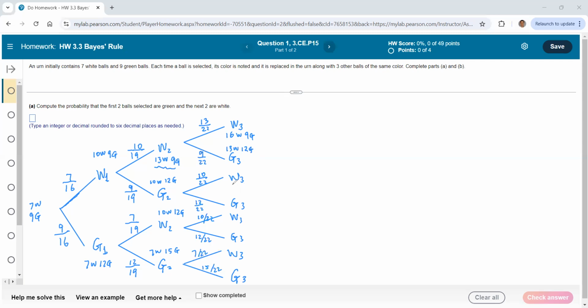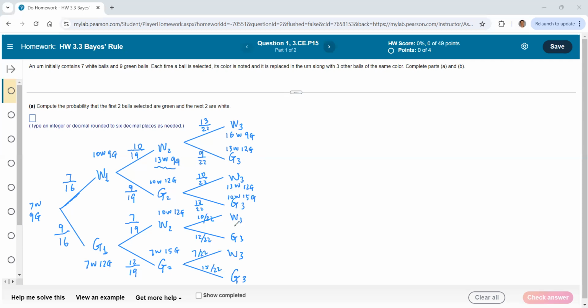And for this one, W3, you have 13 white balls and 12 green balls. And then you have 10 white balls, 15 green balls. Add together, you get 25 balls.